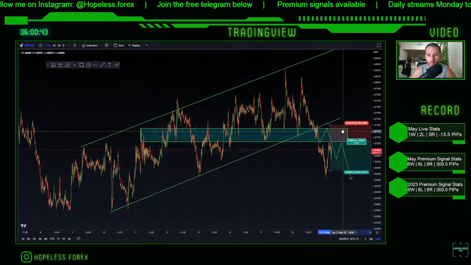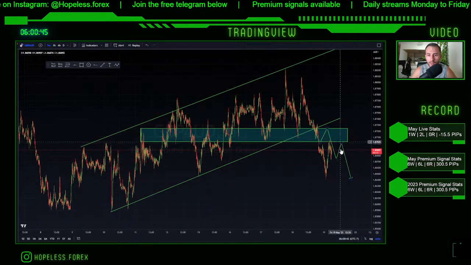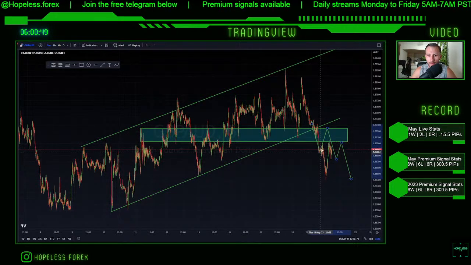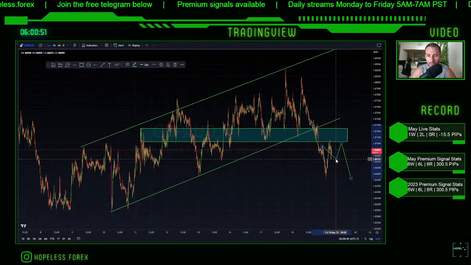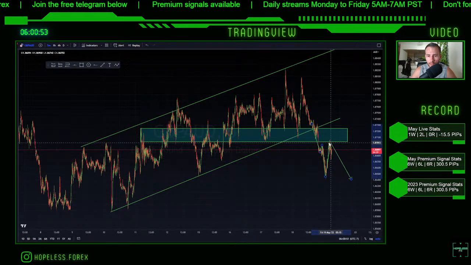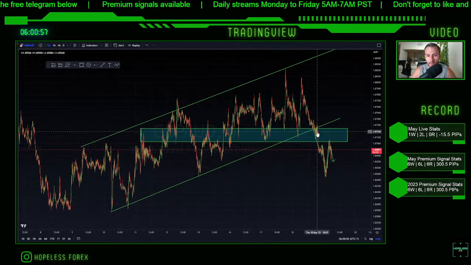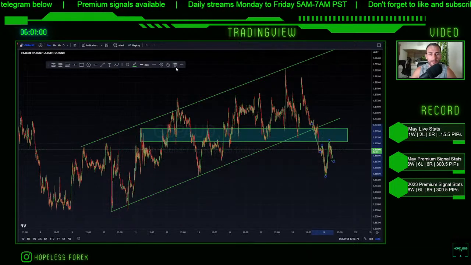But here we don't really have that. Price just sort of shot down like this. I wouldn't say there's a huge opportunity to get in here.